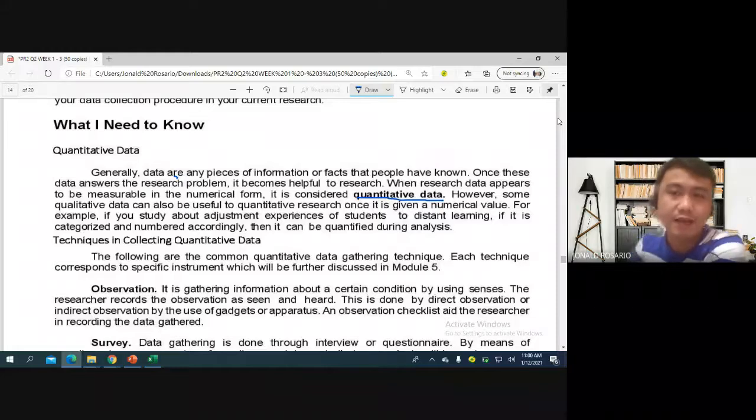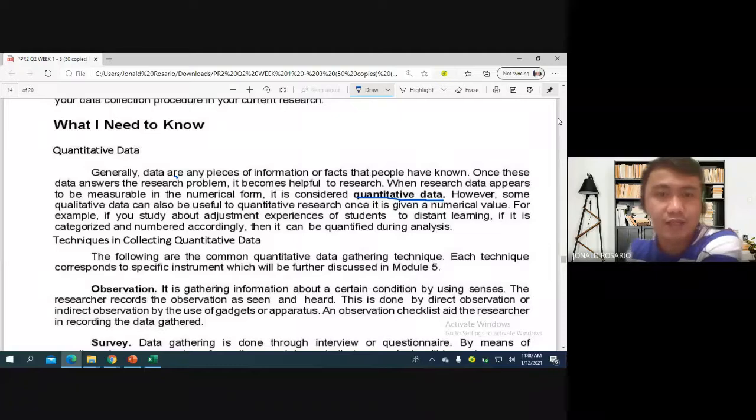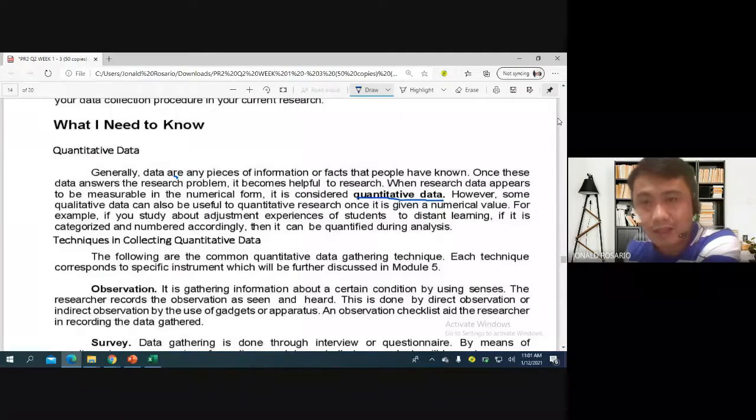Ibig sabihin lang yan, pagka nasagutan na yung inyong mga instruments, may mga informations doon na lalabas. And of course, since we are in quantitative research, yung information na yon ay tatawagin nating quantitative data.